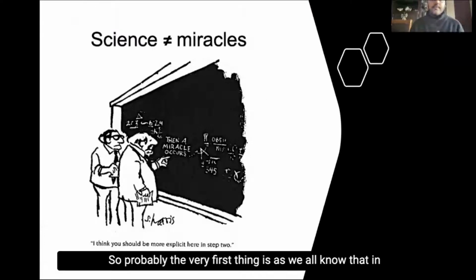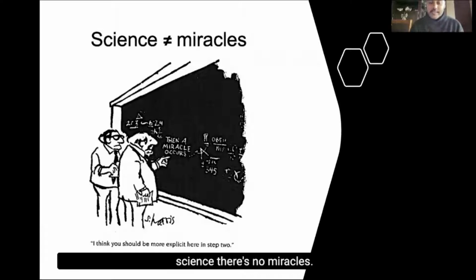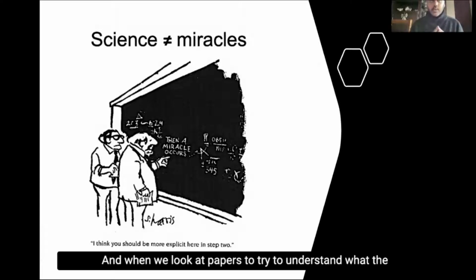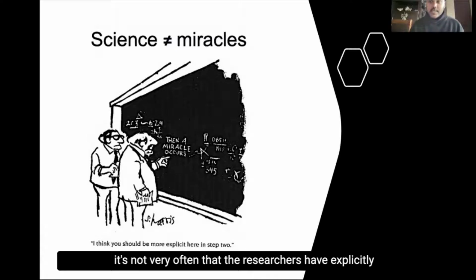So probably the very first thing is, as we all know, that in science, there's no miracles. When we look at papers to try to understand what the authors have done, and when we try to replicate these results, it's not very often that the researchers have explicitly detailed what they have done to get these results.